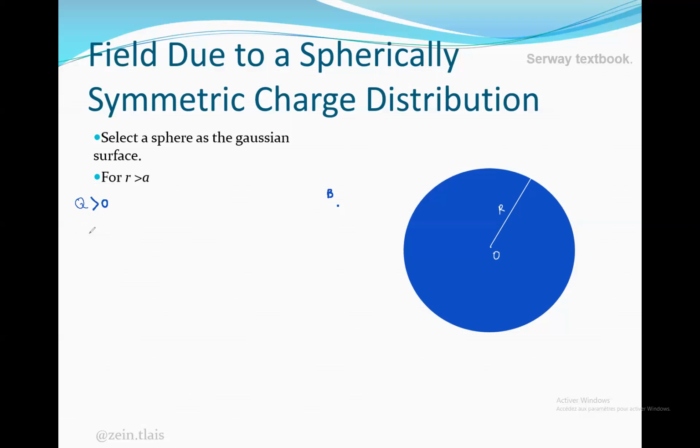Here, first of all, because of symmetry, we select a sphere of radius small r as the Gaussian surface. You know, in the case of a sphere, we choose a sphere as the Gaussian surface.